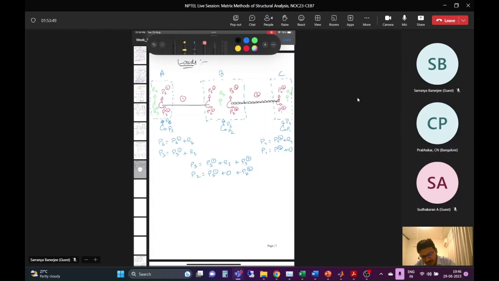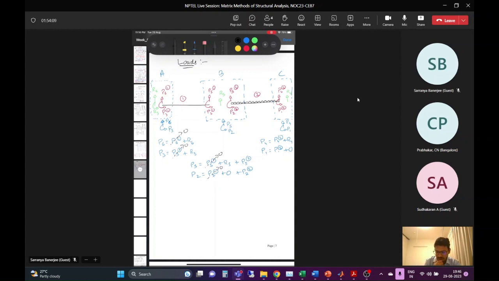P6, P3 will be 0. So this is 0, this is 0, this is 0, this is 0. And there are loads on the beam number 2.